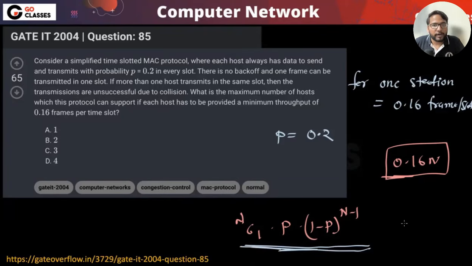And what is the throughput that is required? Minimum this throughput is required. Now you can see that this is np into (1 minus p) power n minus 1, and the requirement is 0.16 into n.